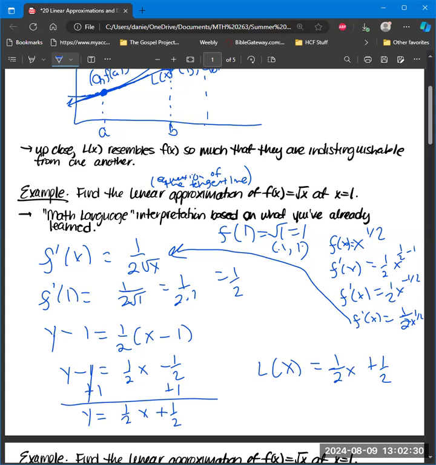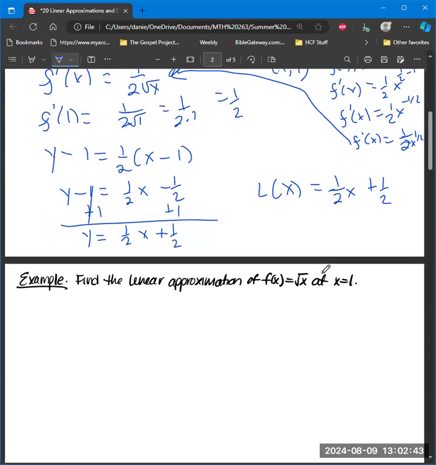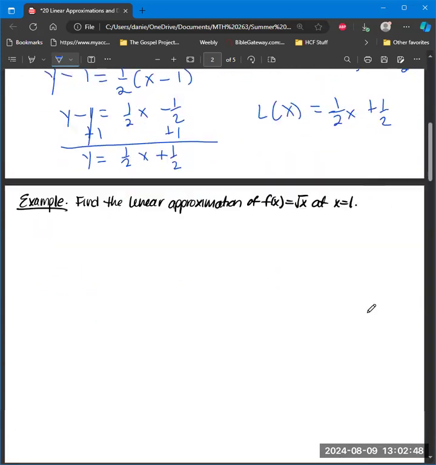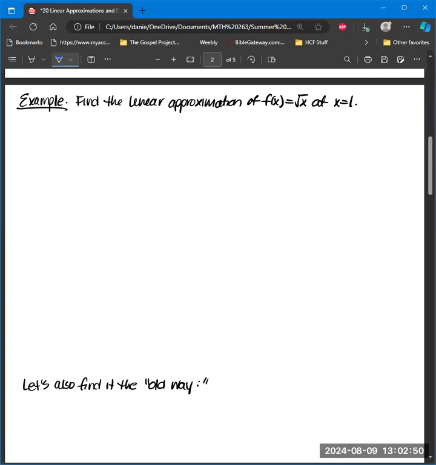Now that I know that, I can actually find the approximation of, oh, well, we just did that. So let's just do it this way. L of x is equal to f of a plus f prime of a times x minus a.